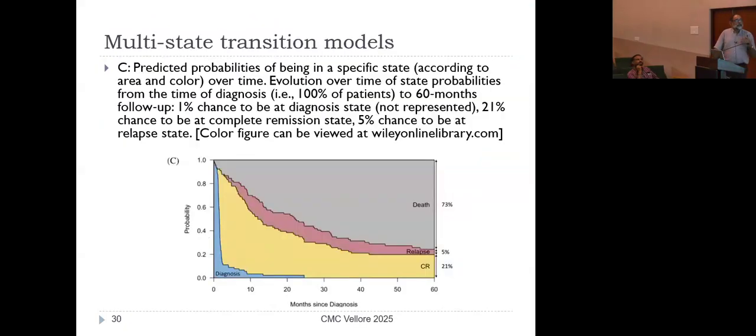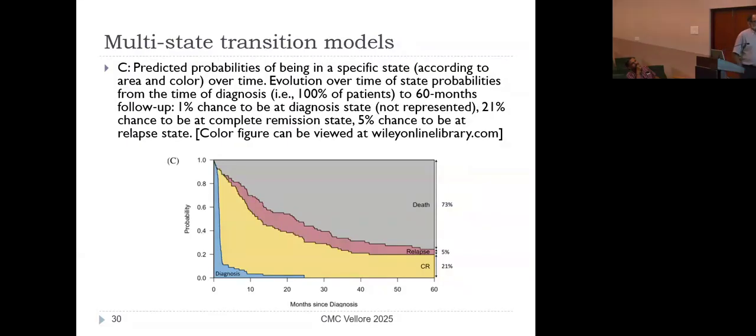What I like about these multi-state transition models is that you can see once you transition from one, how you remain in that as well. So these are predicted probabilities of being in a specific state over time. So evolution over time of state probabilities from the time of diagnosis to 60 months follow-up.